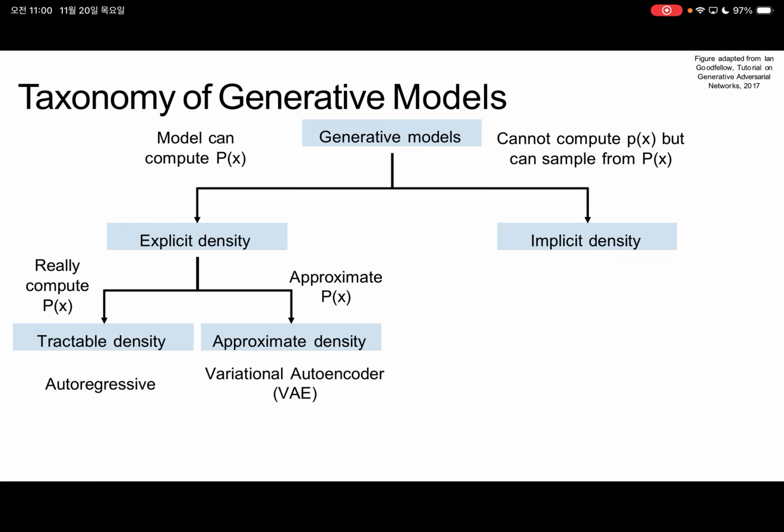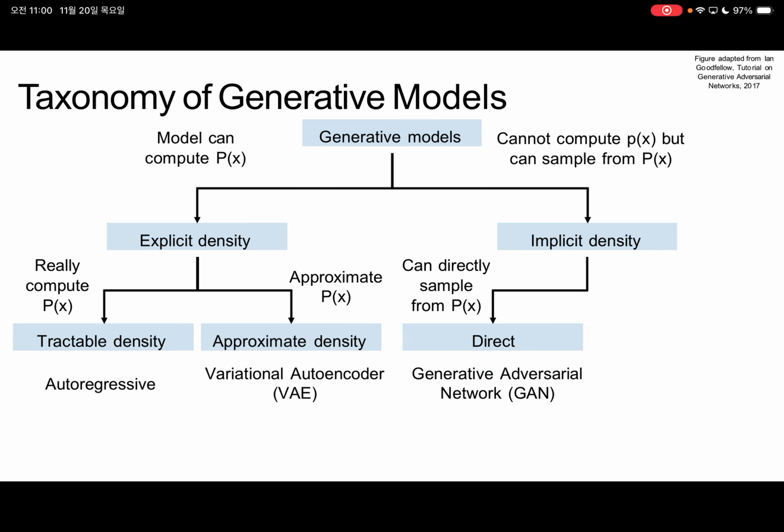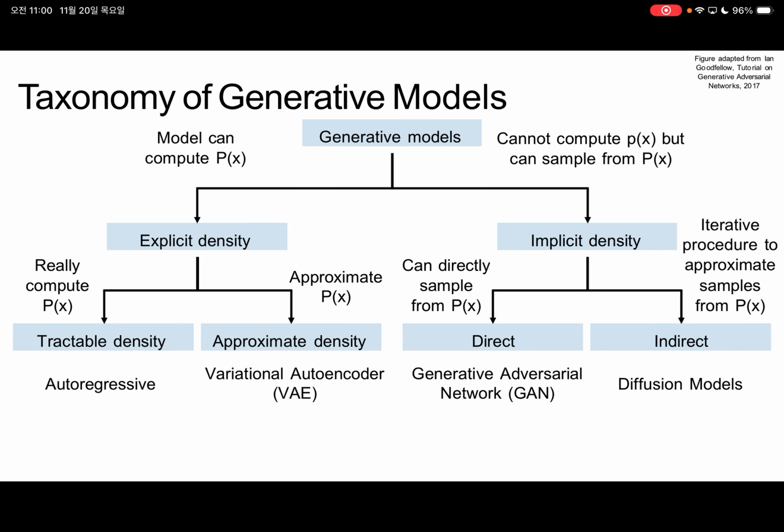Approximate P(x), so approximate density, that is the variational autoencoder. GAN can directly sample from P(x). And an iterative procedure to approximate samples from P(x) is the diffusion model. So today we will learn the variational autoencoder, and next time we will learn GAN and diffusion models.